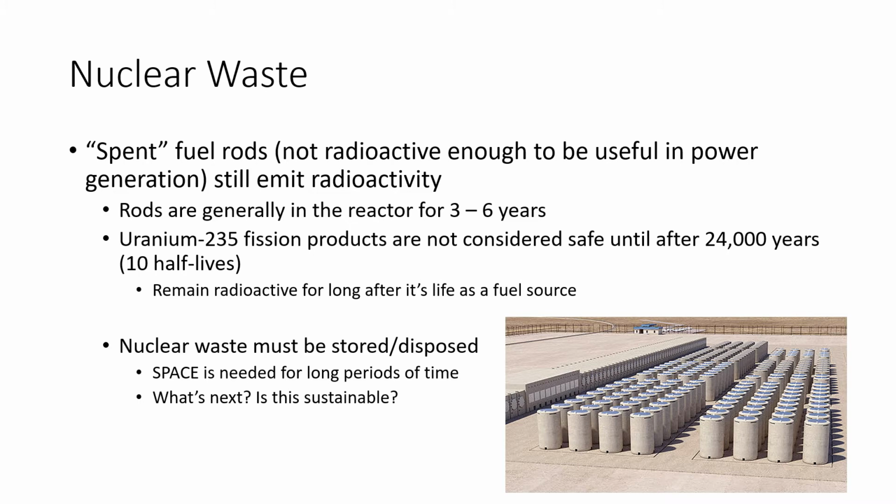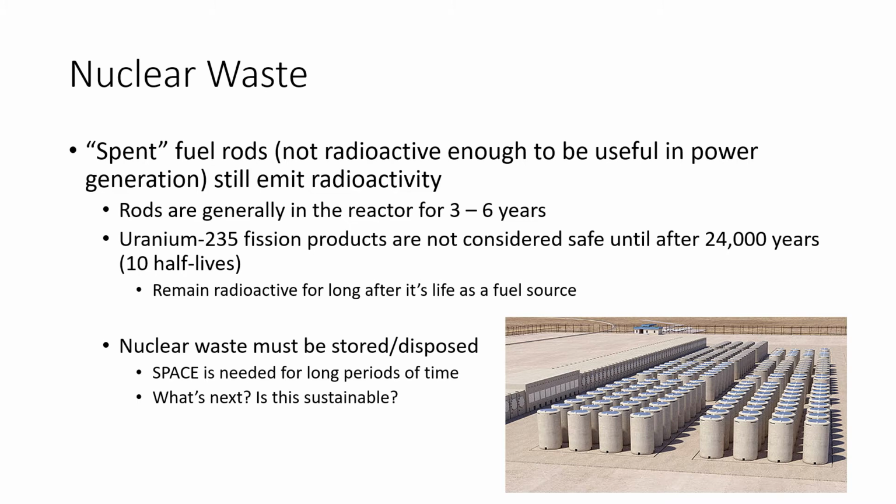There are these fission products like strontium and cesium. They have a shorter half-life than uranium-235, but basically they're not considered safe until after about 24,000 years. And that's, again, about 10 of their half-lives. So still a really long time, much longer than a human lifetime.